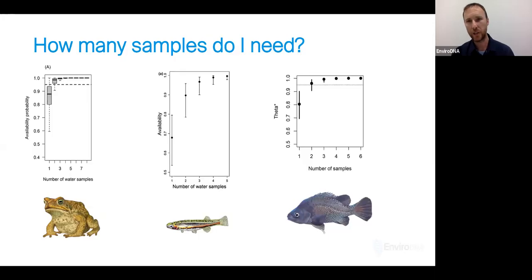And for Macquarie perch, again, we're at that sort of 2 samples per site. So remarkably similar across a range of different species with different behaviours. But again, it's going to come down to your particular species of interest and the environment that you're looking at. But generally, as a baseline, we tend to recommend 2 to 3 samples per site as a starting point.